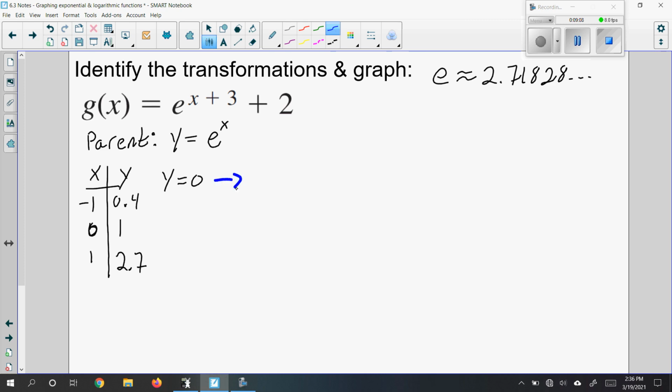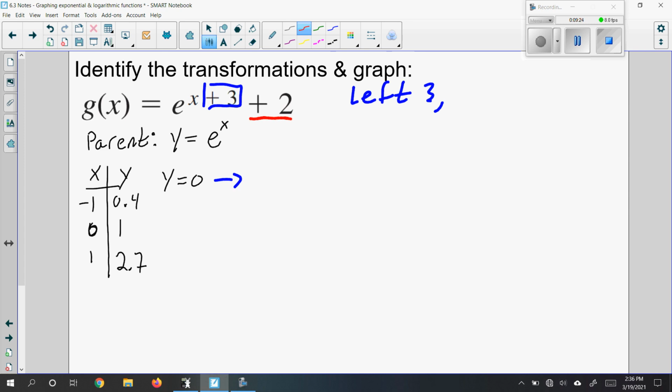Okay, now let's make our transformations. So what transformations do we see here? This transformation is inside the function. So that corresponds to left 3. This transformation is outside the function. So that corresponds to up 2.